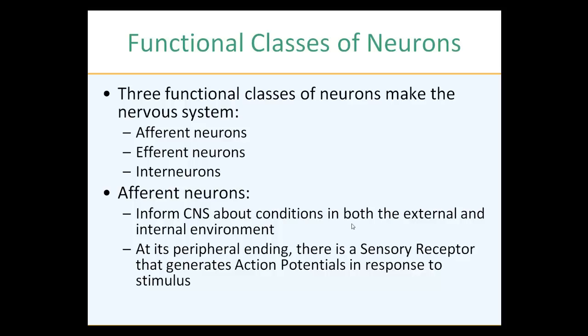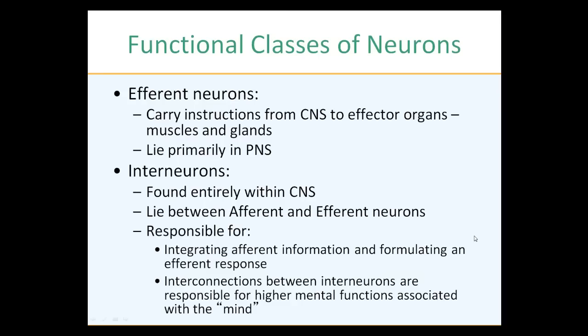Some of the information is also about posture and the tone of your muscles, all of which you don't necessarily have to comprehend. But there is information like touch, pain, vision, hearing, the kind of information that you feel and can interpret. So these are the afferent neurons.